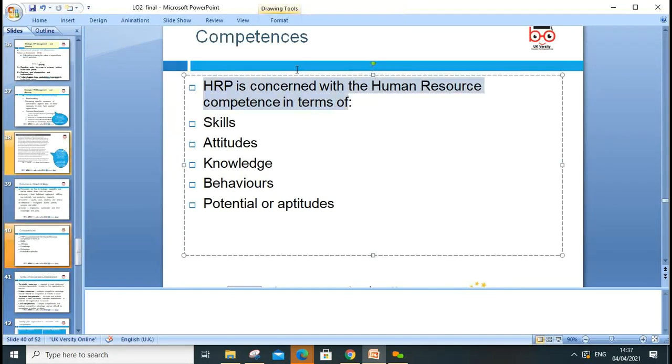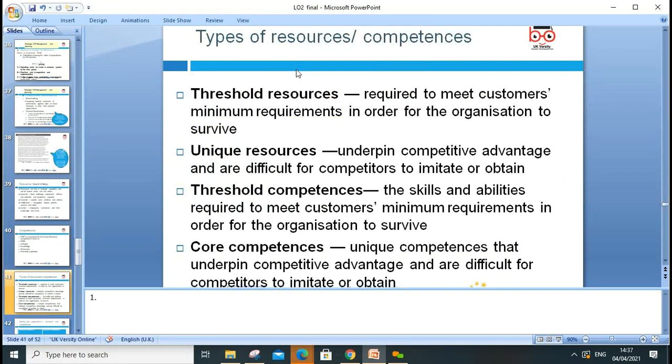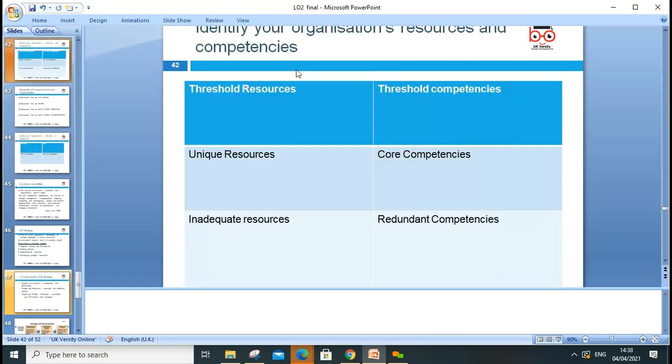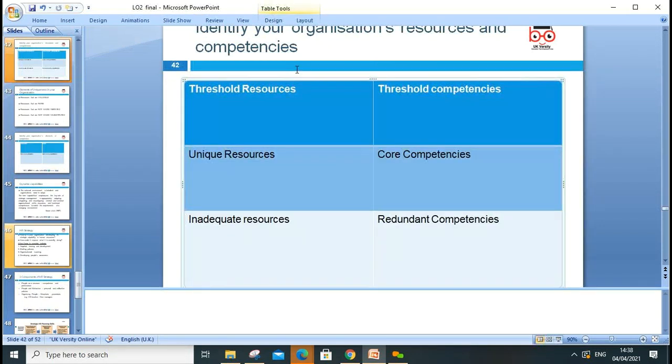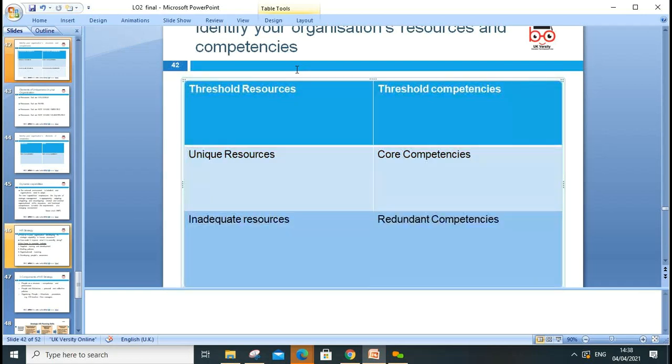Human resource is concerned with human resource competencies in terms of skills, attitudes, knowledge, behavior, potential and aptitude. So we need to design the selection process to meet these as well. Then we have the competencies: threshold competencies, unique competencies, core competencies, inadequate resources, and redundant competencies.